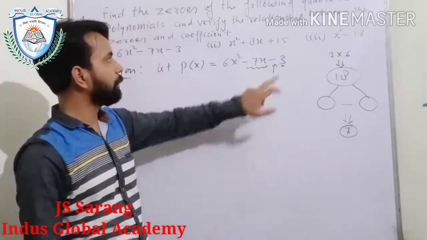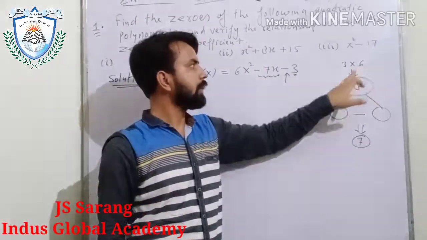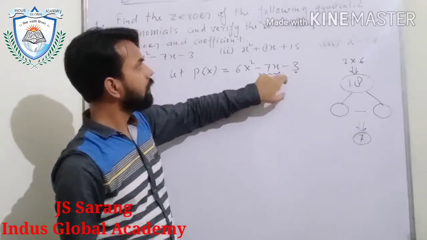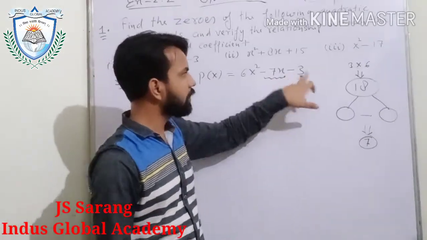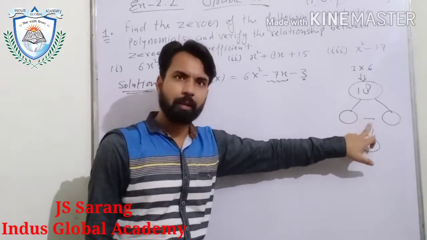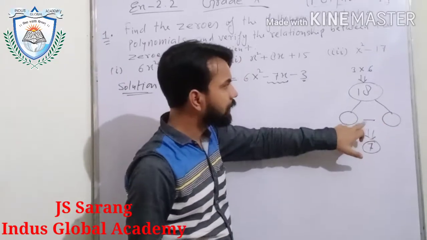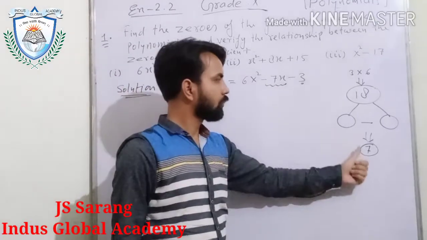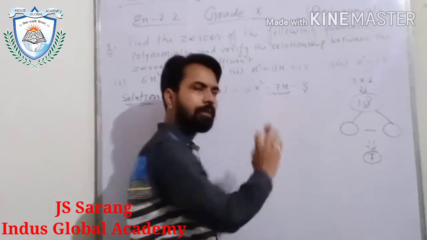First we multiply the constant term by the coefficient of x square. So 3 into 6 we get 18. Now we take the sign of the constant. Constant is 3, its sign is minus. If minus is here, then we put minus here, or if this is plus, then we use the plus sign. Now the factors of 18 whose subtraction gives you the middle term, 7.